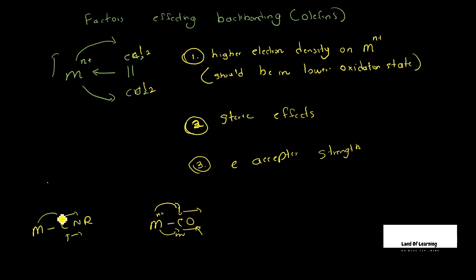So it's a little bit hard to contribute electron density towards the carbon because there is electron density around it. In the carbon monoxide case, there is very little electron density around the carbon because it has all been pulled away by the oxygen, but the nitrogen couldn't do it. This is the electron acceptance strength. Carbon monoxide has higher electron acceptance strength, and this isocyanide group has a lower electron acceptance strength.